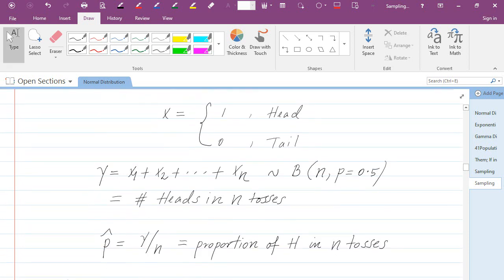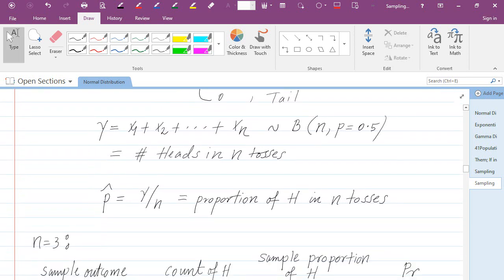So y is x1 plus x2 plus ... plus xn, where x1 is the value of x from the first coin toss, x2 is the value of x from the second coin toss, and xn is the value of x from the nth coin toss. If I add them, then y is basically the number of heads in n tosses, that is, y is the number of successes.